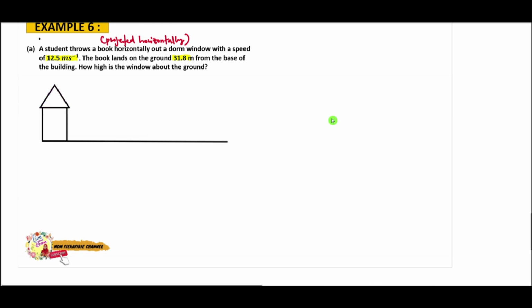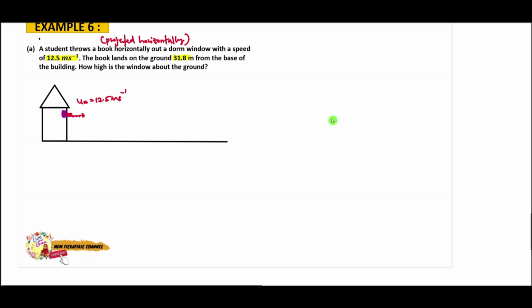Okay. So this is the window. Okay. So saya warna merah ni adalah buku dia lah. Projected horizontally. So Ux dia adalah 12 meter per second. Sorry, 12.5. Okay.